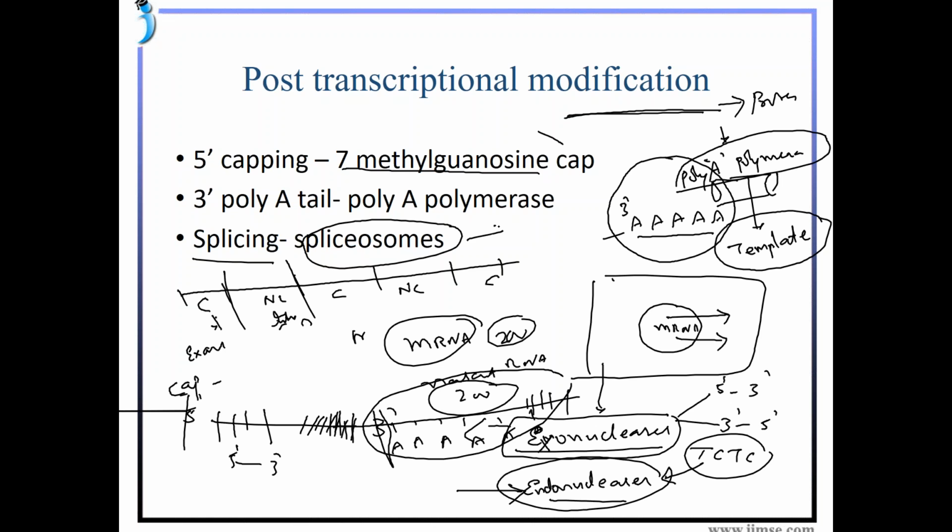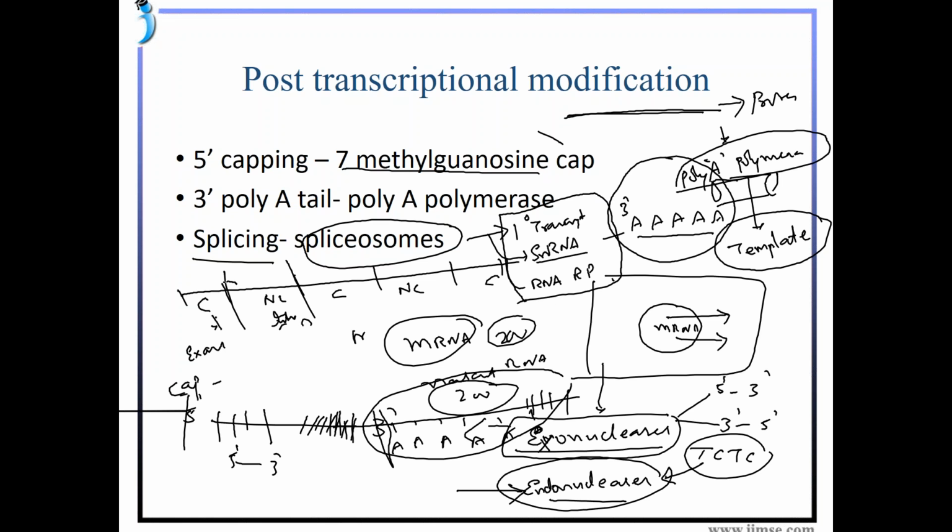the spliceosome. What all consists of the spliceosome? Your primary transcript, that is the RNA that is freshly synthesized, your snRNPs, small nuclear RNAs that I initially told about, non-coding types of RNAs, and RNA recognizing proteins, that is RRP. All this together will form the spliceosome. How will this spliceosome differentiate exon and intron?